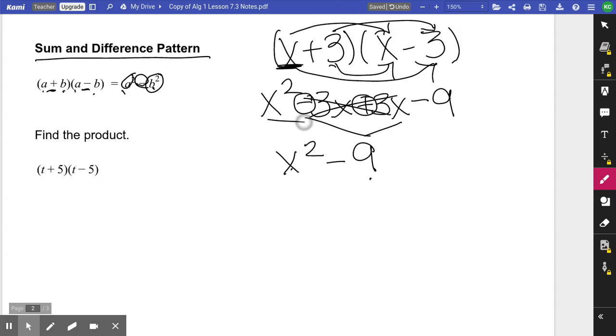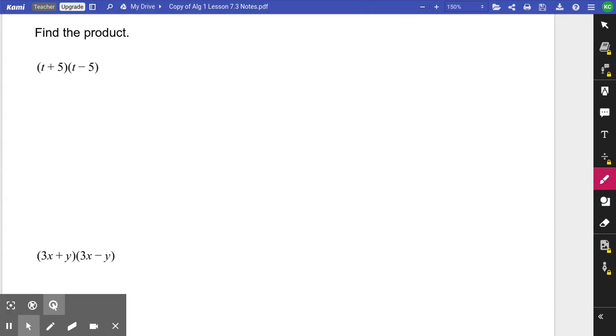Okay, so instead of working this all out and FOILing it out, we can just know, based on our sum and difference pattern, that our answer is going to come to a squared minus b squared. Okay, so here we have t plus 5 times t minus 5. Okay, so we have the same a's and we have the same b's.